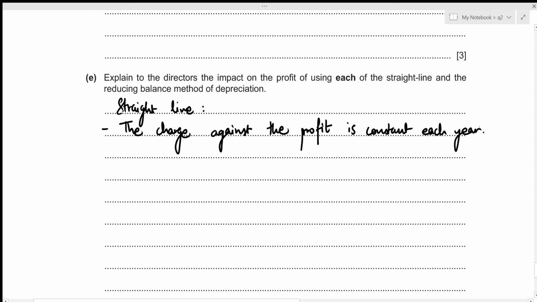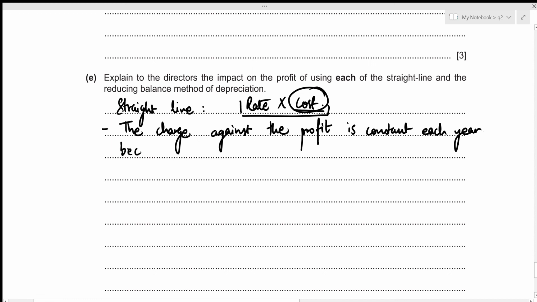And this is constant because on the straight line method we charge the rate to the cost, right? And cost does not change over years. So since this remains constant, the entire value also remains constant. And we charge straight line under the assumption that the non-current asset is used up evenly throughout its useful life. Let's write it down as well.